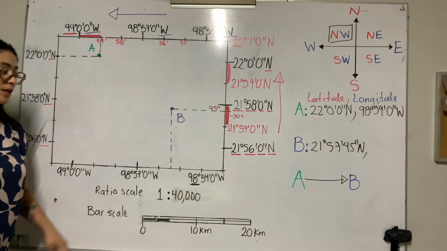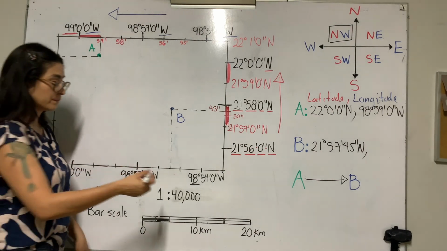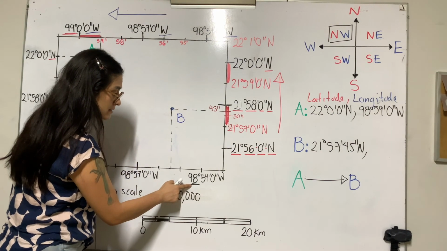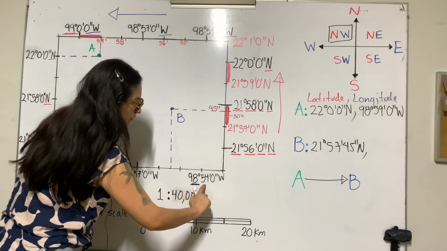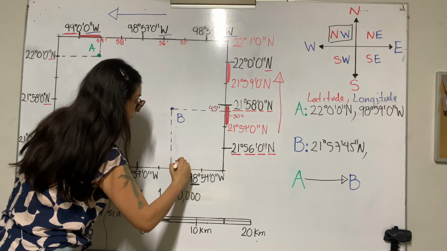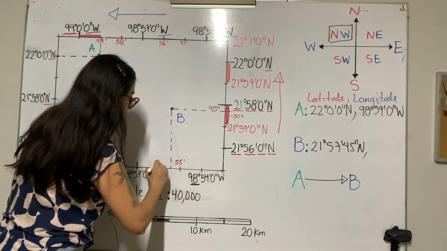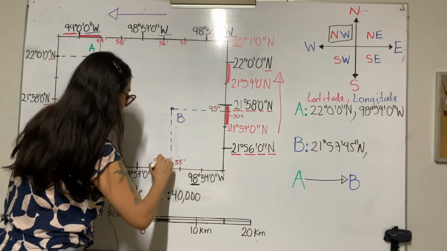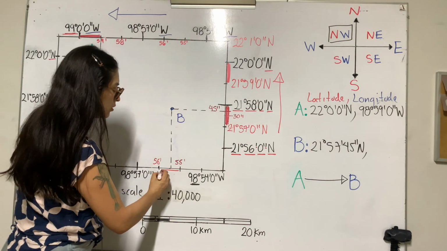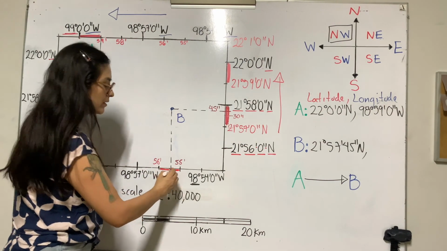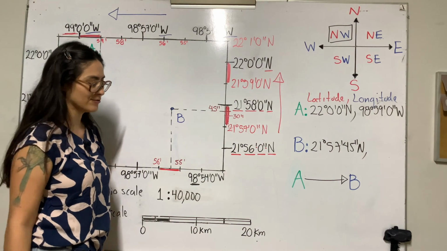We are going to do the same with longitude. 98 degrees. This is the minute 54. This would be the 55, and this is the minute 56, right? But we are kind of in the middle. Remember that all of this is the same minute, but divided into 60 seconds.